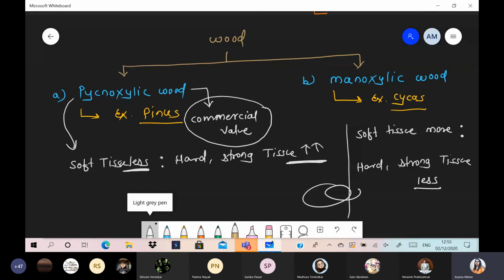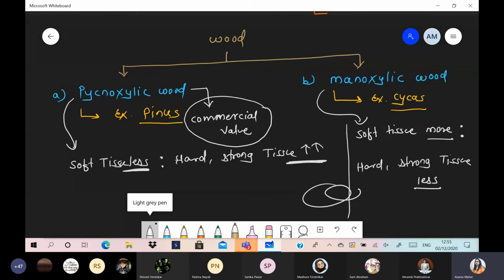Such type of wood is simply called manocyclic wood. And manocyclic wood is not a commercial wood because see, अगर पहले इतना फुसफुसा है wood तो what is the use of that, right? Because if you want a good quality of wood it means that wood consists of hard tissue more.